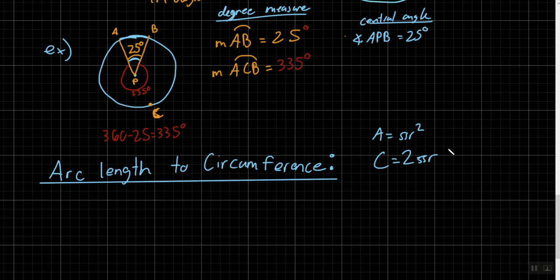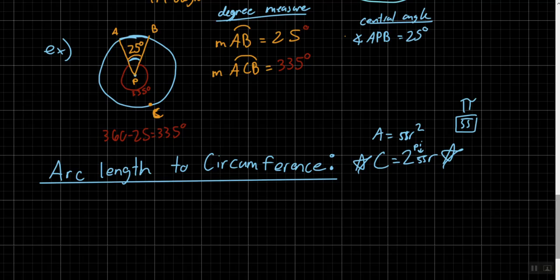Circumference is 2 pi r. Sometimes you see it written like this, sometimes like this. I write it like this. You'll see it written either way, depending on who is writing.